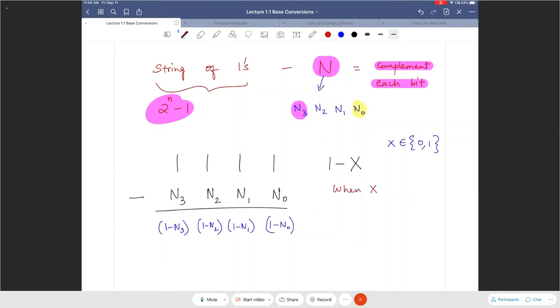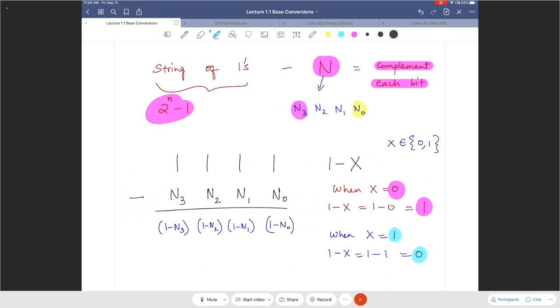When x equals 0, what do you have? 1 minus x will become 1 minus 0 will become 1. Zero got complemented. Let's do the other case. When x is 1, 1 minus x will be 1 minus 1 will be 0. 1 got complemented.